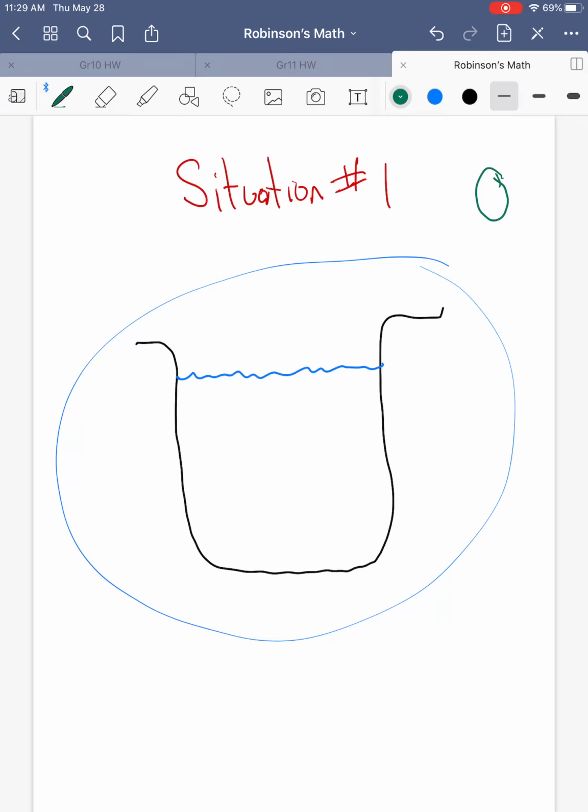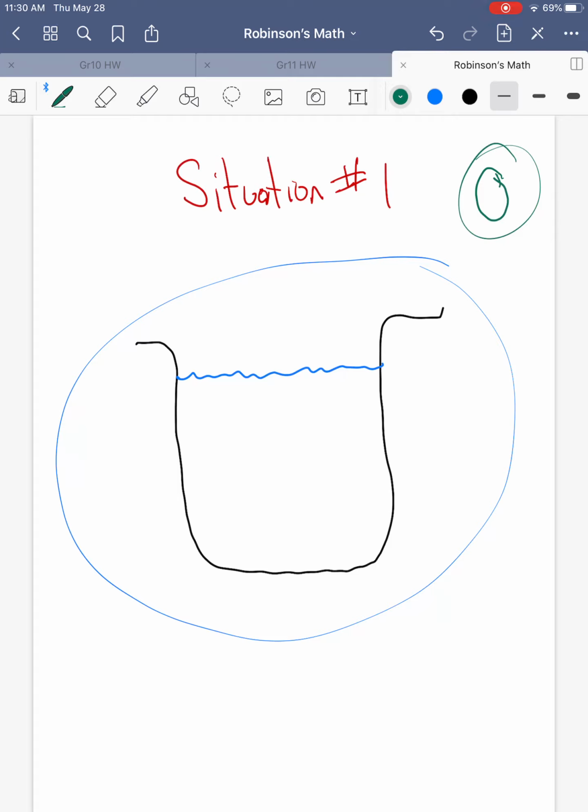So situation number 1 is this. If I were to take this egg and drop it into the water, the fresh water, what would happen to it? And you can try this yourself if you have the necessary equipment.